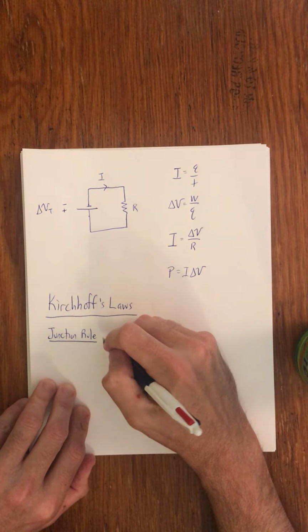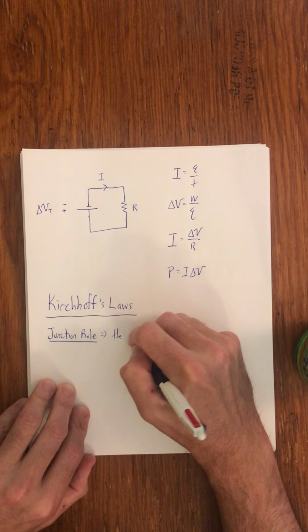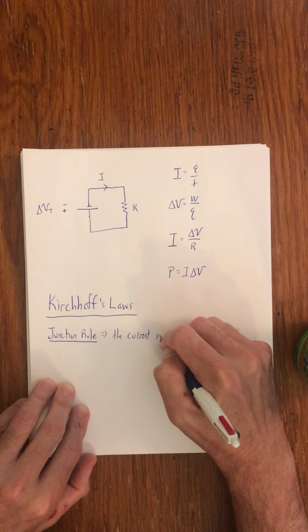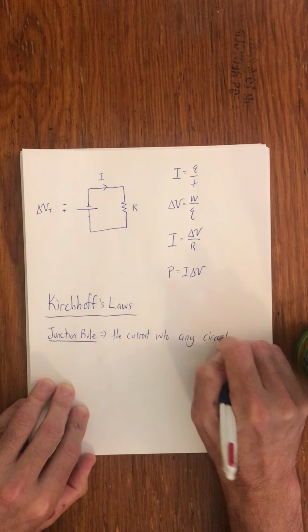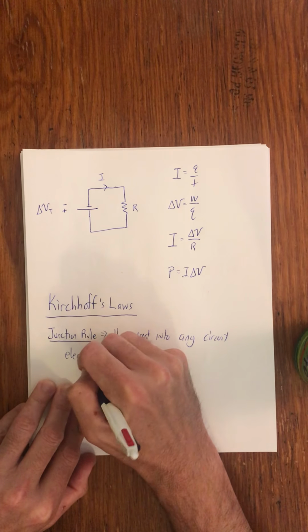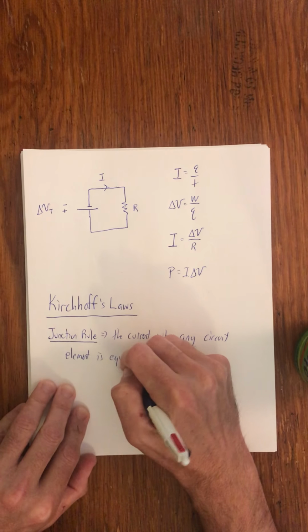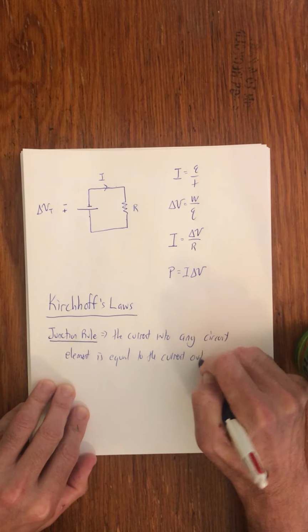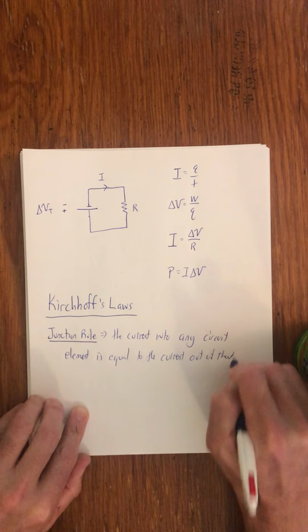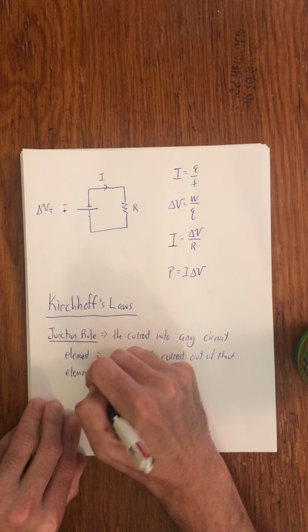So what the junction rule says is the current into any circuit element is equal to the current out of that element. Okay?